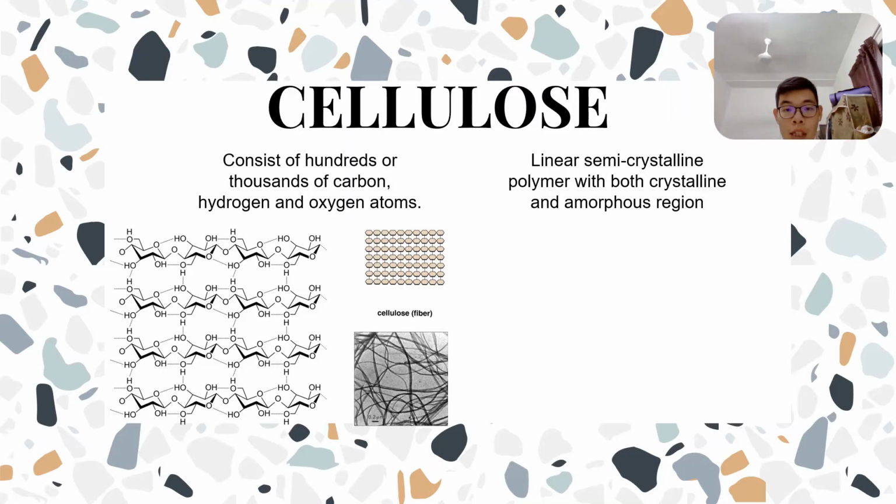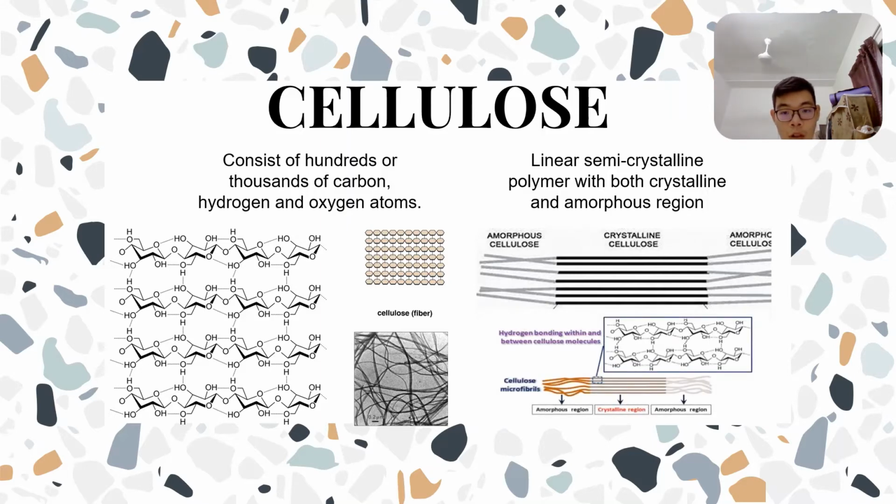It is also a linear semi-crystalline polymer with both crystalline and amorphous regions. From both pictures, the crystalline cellulose consists of the straight chains of cellulose, while the amorphous cellulose region is the bending chains of cellulose.